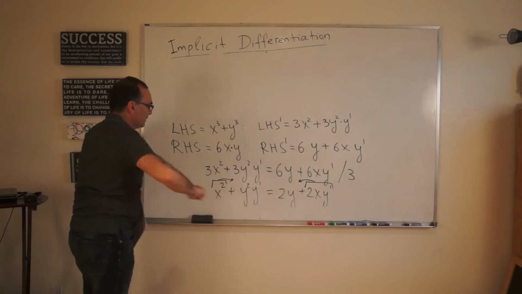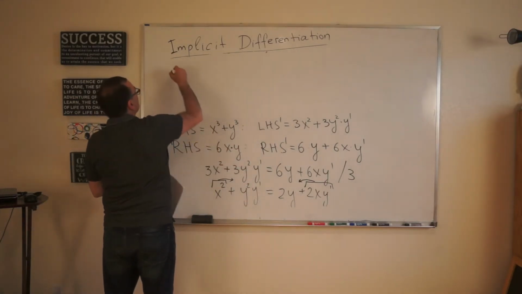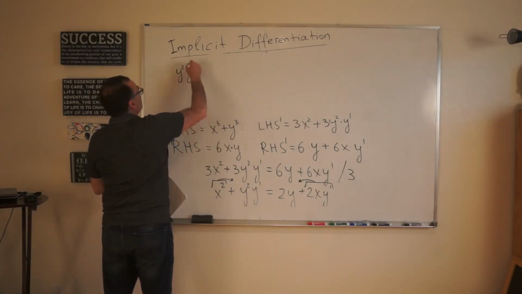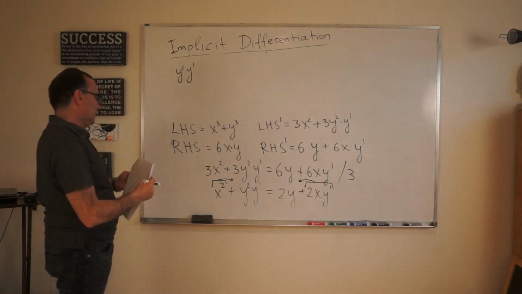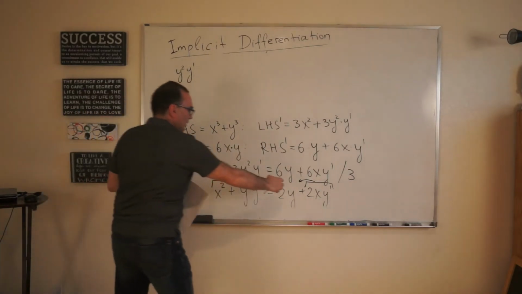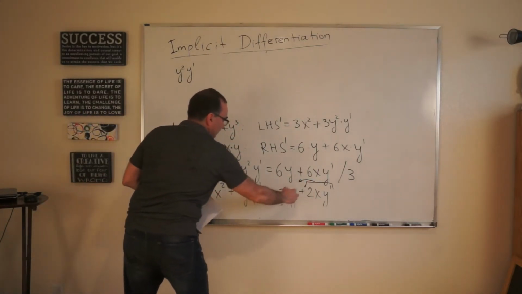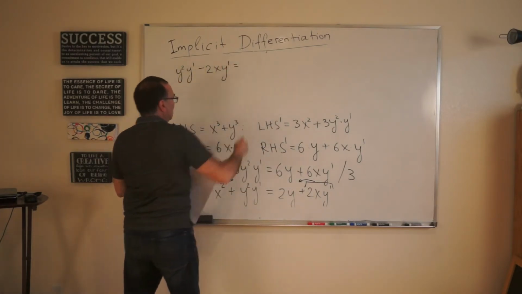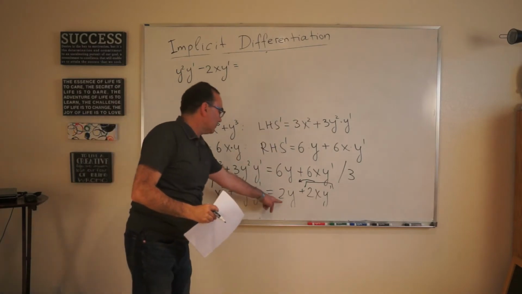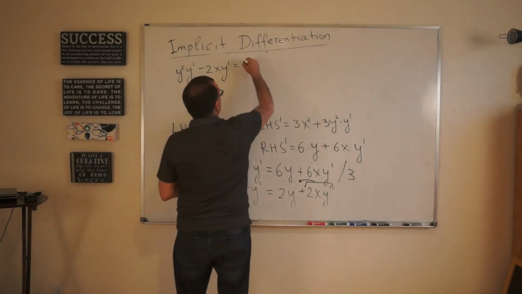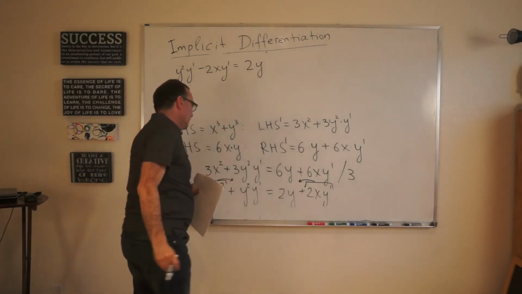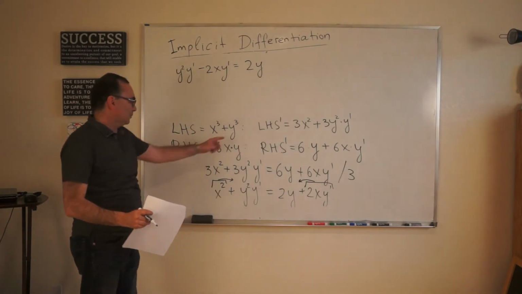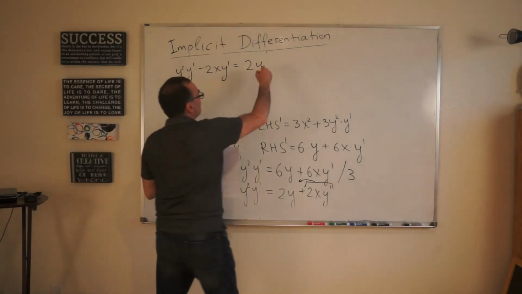On the left hand side of the equation we get y squared y prime. And then this one goes here and it will become negative, so minus 2xy prime equals. On the right hand side of the equation we have 2y. And then x squared moves to the right hand side, so it becomes negative, minus x squared.